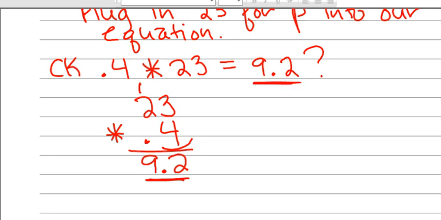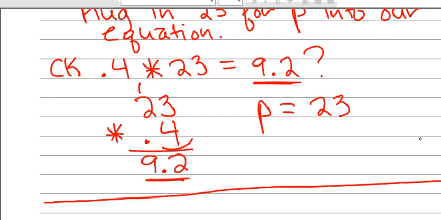So we know we're correct. So our answer was correct. P is 23. Good so far?